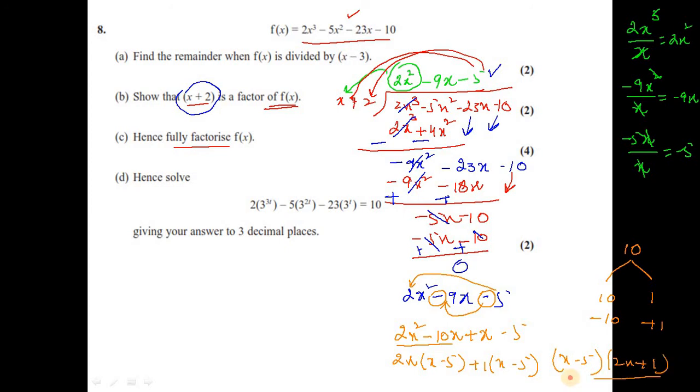So these are the rest of the 2 factors. So you can write your final answer as all factors are x plus 2, x minus 5, 2x plus 1. These are the 3 factors of our polynomial.